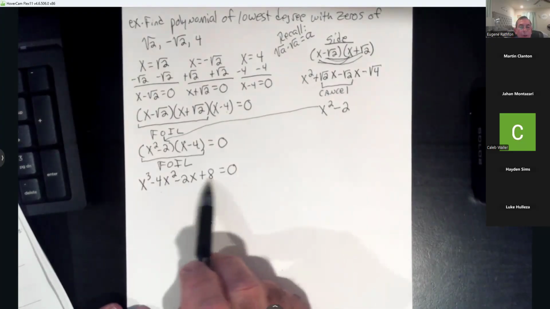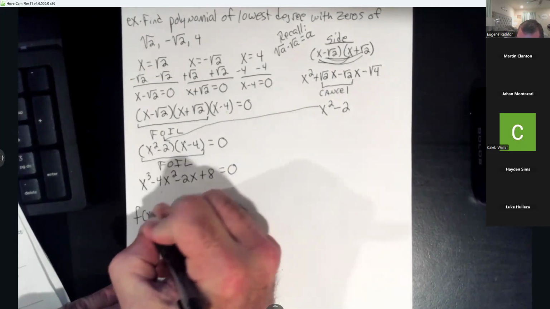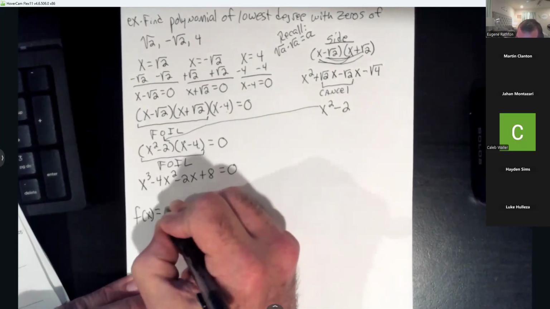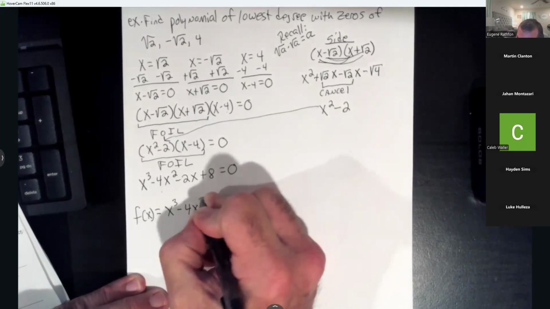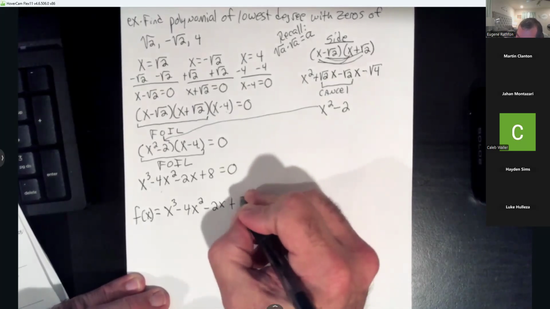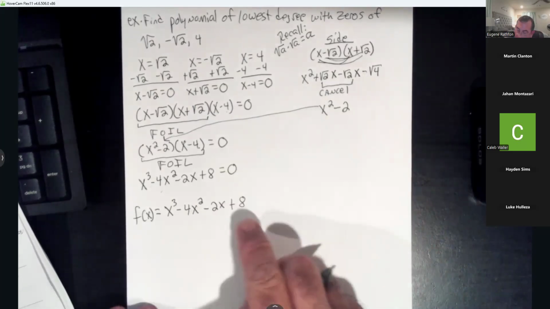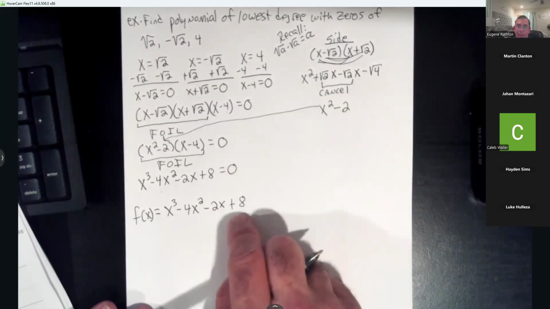All right, y'all, look here. No like terms on this one. So my final answer is f of x will equal x cubed minus 4x squared minus 2x plus 8. So on this one, they had A, B, C, D multiple choice answers, okay?